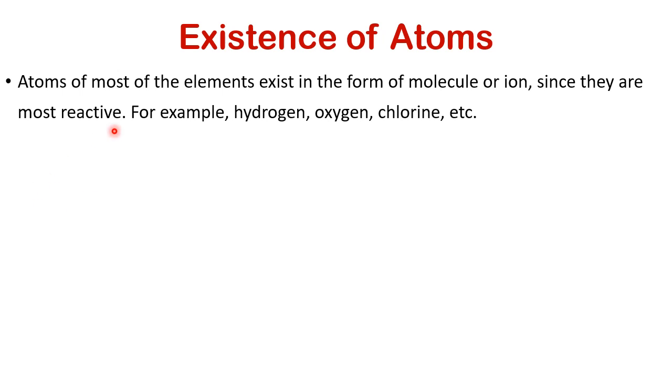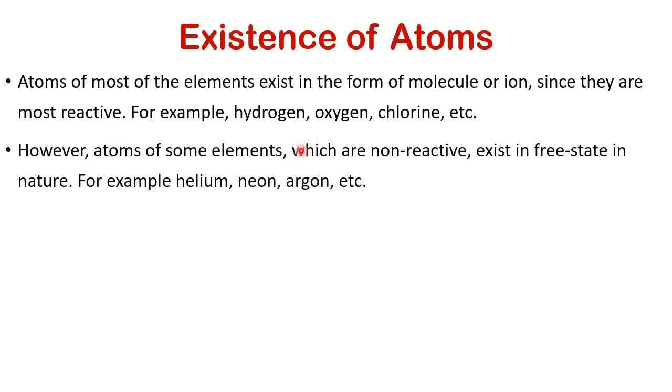Now, how do atoms exist? Now we understood the size of atoms; how they exist, where they exist. Atoms of most of the elements exist in the form of molecules. A single atom is very difficult. They are highly reactive. Either they exist as a molecule or as an ion. Because of the reactivity, they can't stay alone. They want to be in a group, either in the form of a molecule or in the form of an ion.